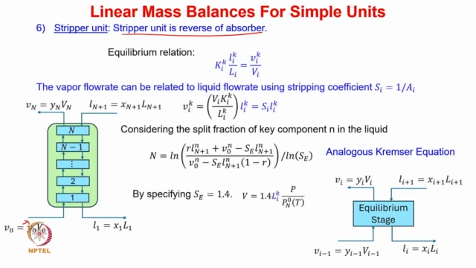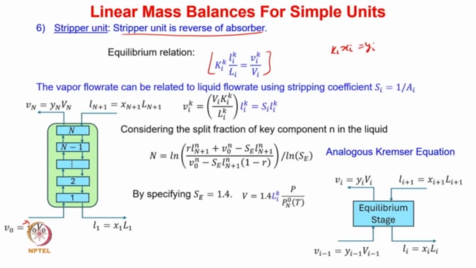Okay, so again we are going to start with the same equilibrium relations, isn't it? These are nothing but Ki xi is given as yi. So the same equilibrium relation is used here, now rearranged in a different way.